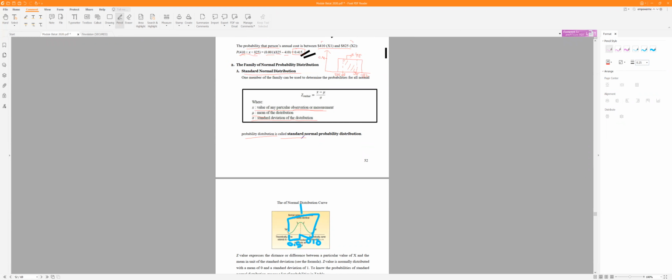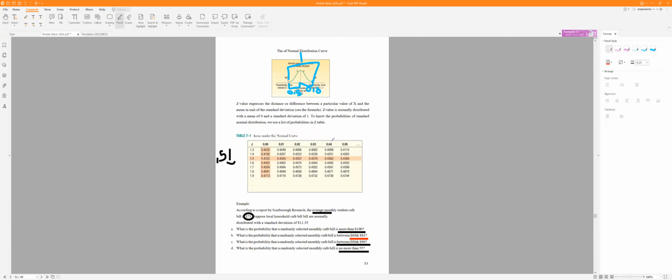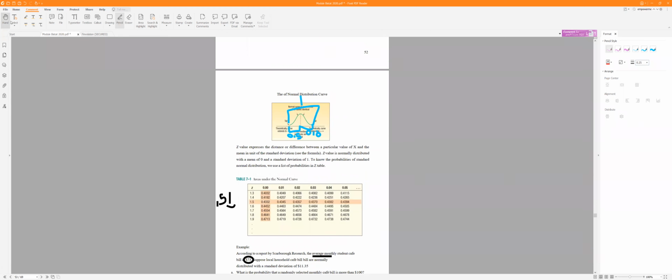This probability distribution is called the standard normal probability distribution. So this is a normal curve, as I believe you have seen before. Miss Sandra's lesson actually precedes mine. If mine precedes hers, then this is the first time you're seeing the normal distribution curve.